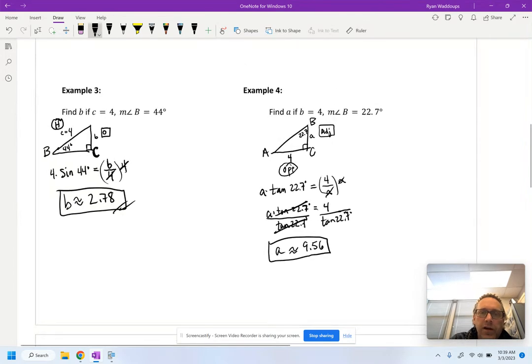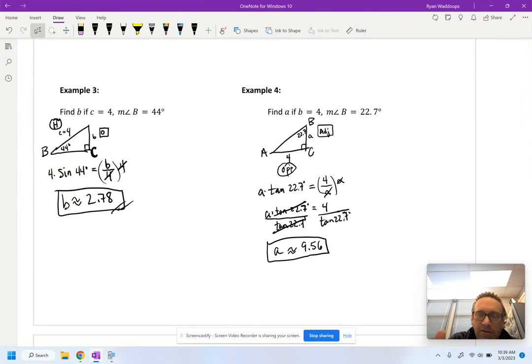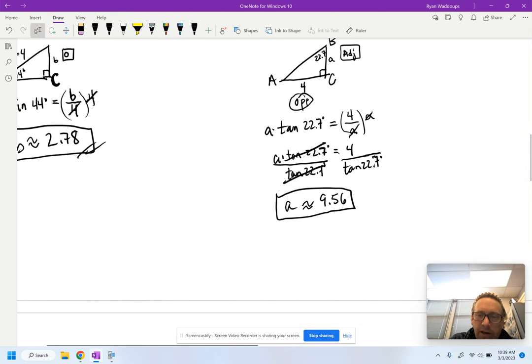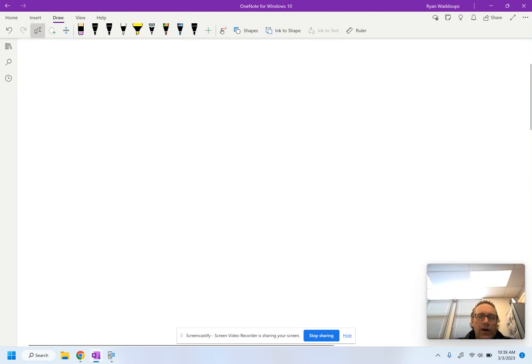And once again, you would include the units if you know the units, and if you don't, you're just going to leave it like that.